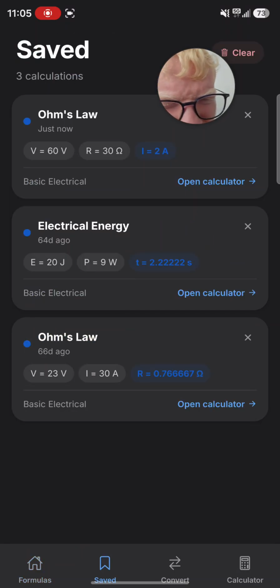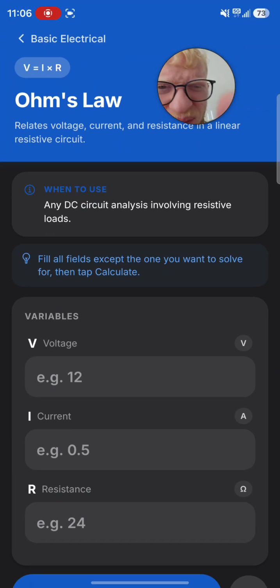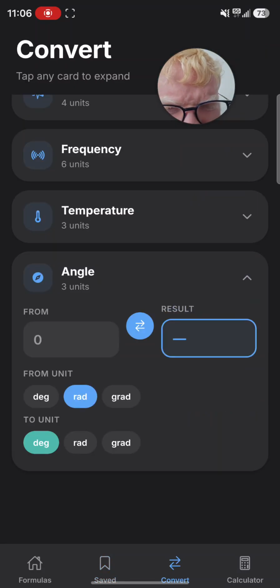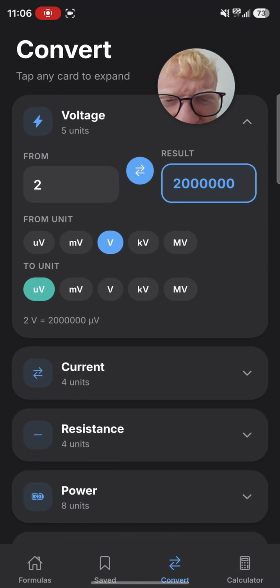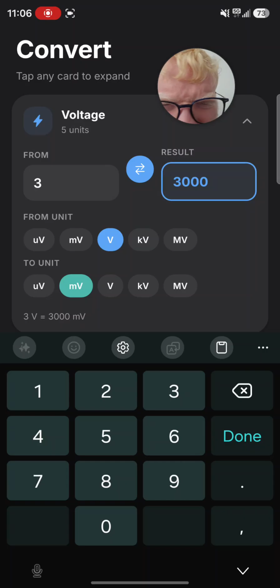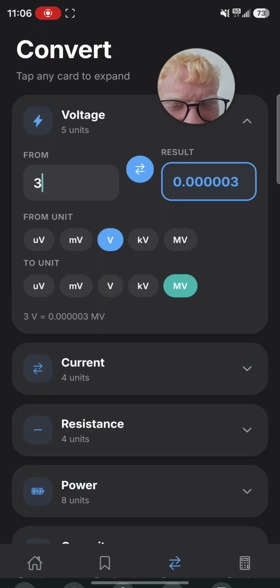So you will find that here, and then you can open it and access the same calculation again. You can also go into the converter and say, for example, you want to know how much 3 or 2 is in millivolts or microvolts, kilowatts or megawatts.